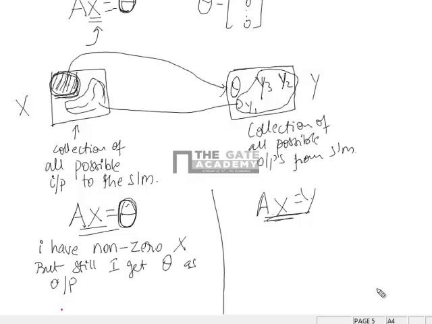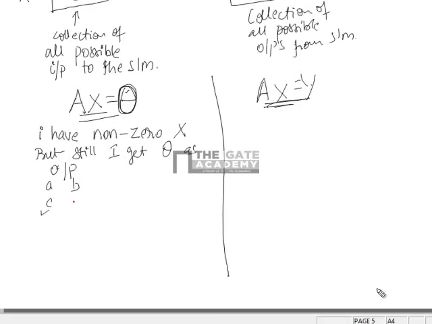I have a non-zero x. Means what? If I go back to the example, I have A, B, C, D, x1, x2. This is nothing but giving me 0, 0. This is what we are discussing. Under what condition? x1, x2 not equal to 0.